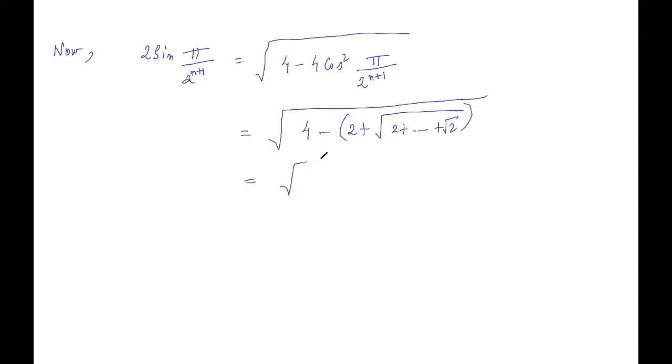This becomes nothing but what we needed to prove, root over 2 minus root 2 plus dot dot plus root 2, and this holds true for n greater than or equal to 2.